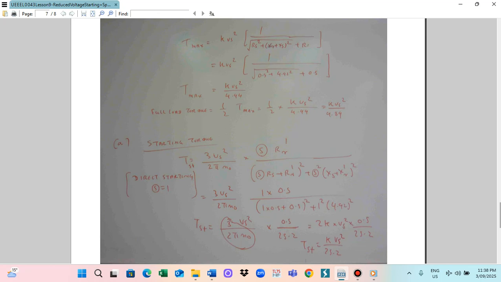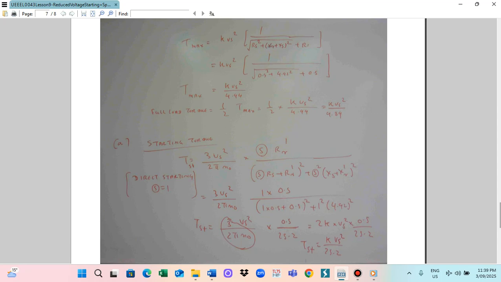So this is the equation to calculate the starting torque.